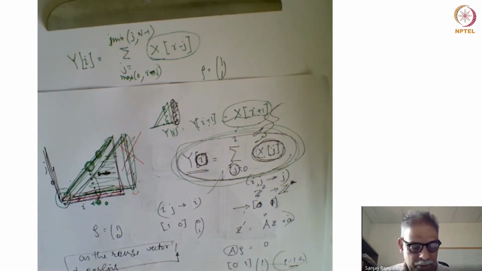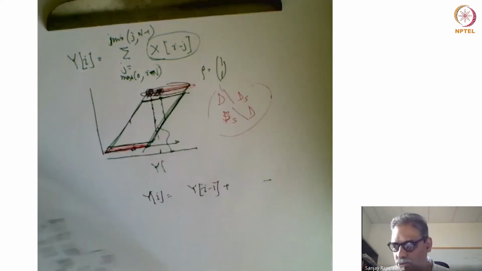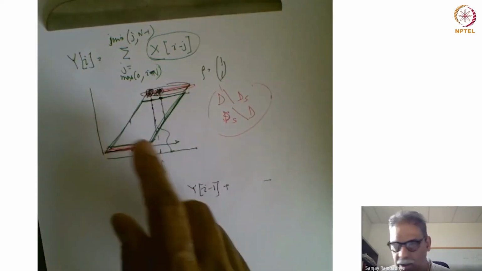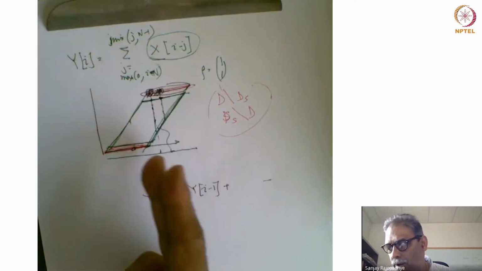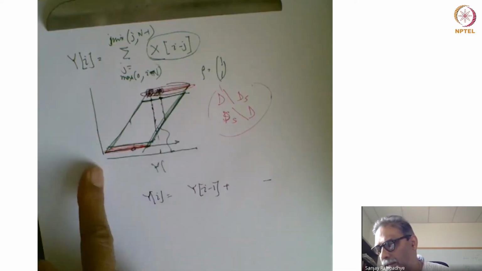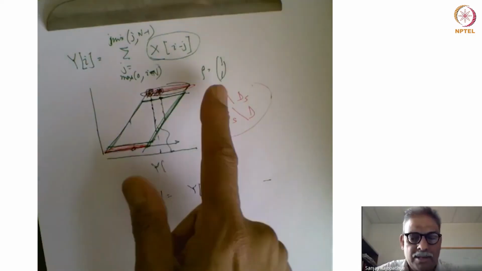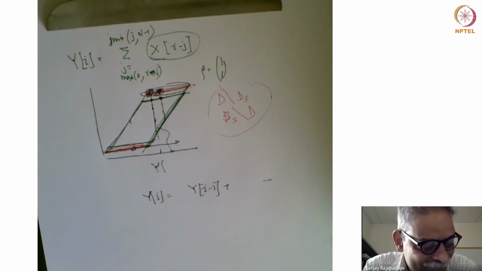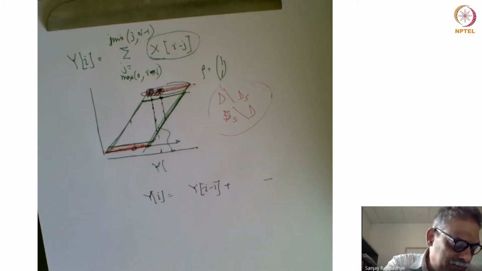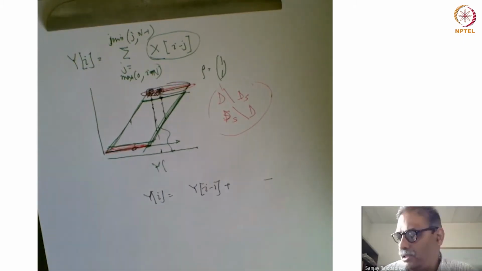Now I am going to ask you a complicated question. So what happens here? I compute my y, and it turns out that I have to either add this value or subtract this value. Okay. Now I'm going to give you 5 minutes to answer this question.